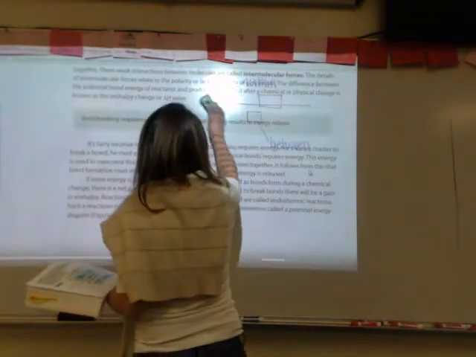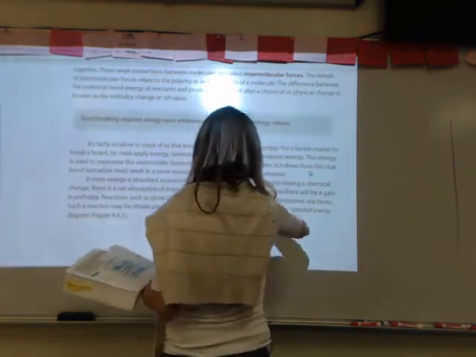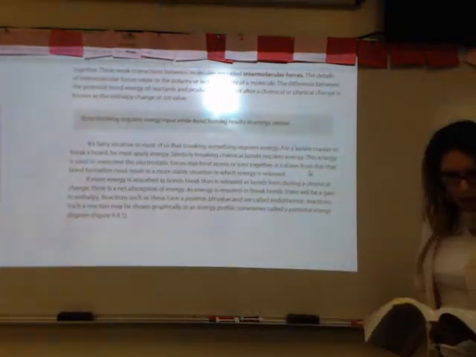The energy that is used to overcome the electrostatic forces, the positive and the negative forces that bind atoms or ions together, follows that the bond formation is going to be a more stable situation. We're going to end up having energy release.